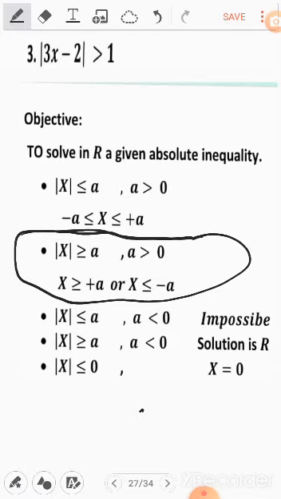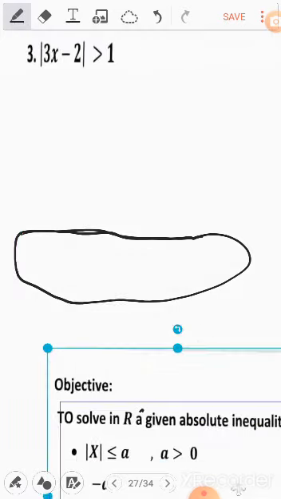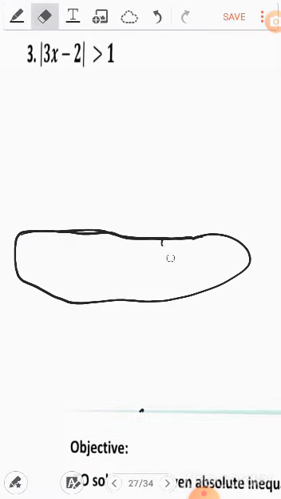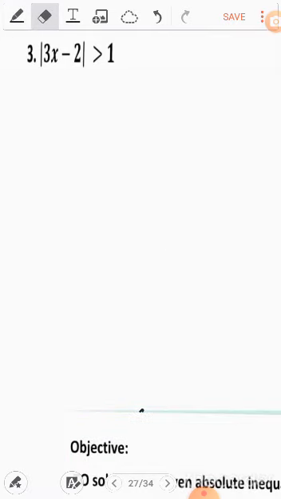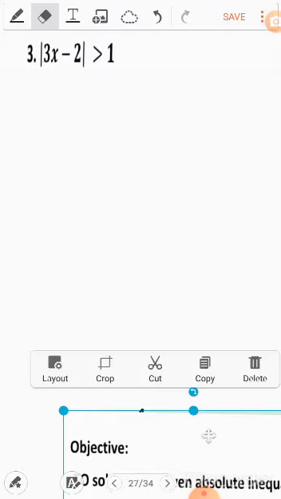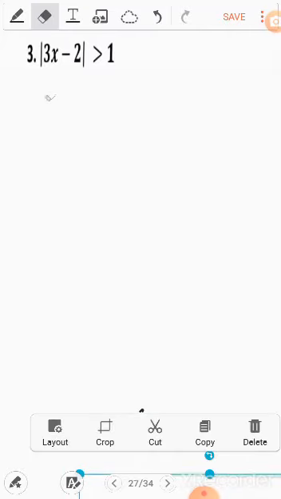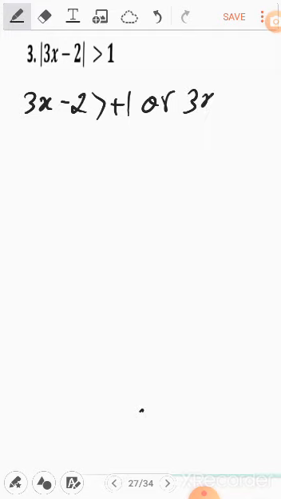So let us solve it. Absolute 3x minus 2 greater than 1, then 3x minus 2 is greater than plus 1, or 3x minus 2 is less than minus 1.